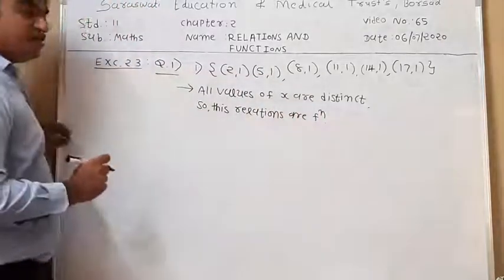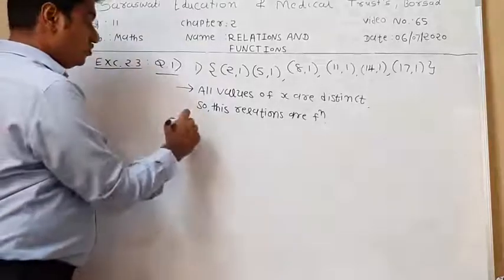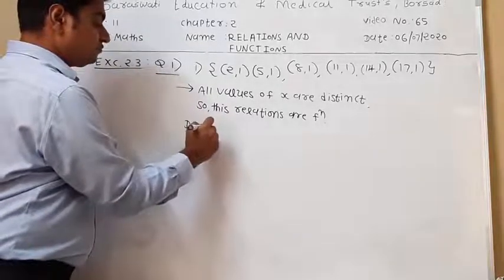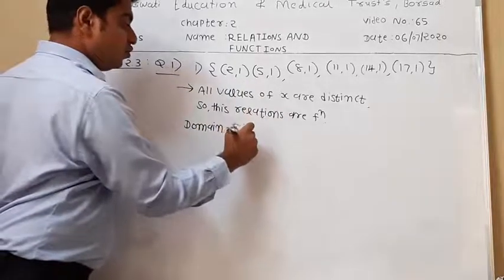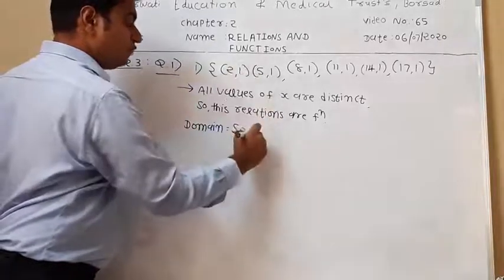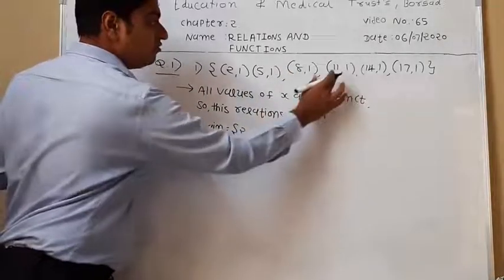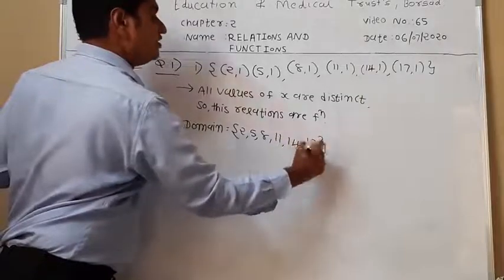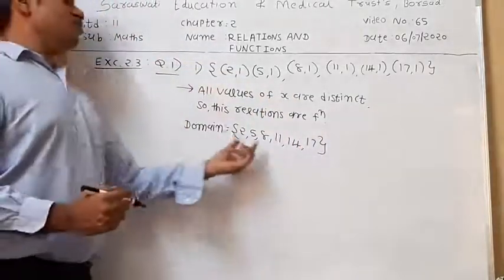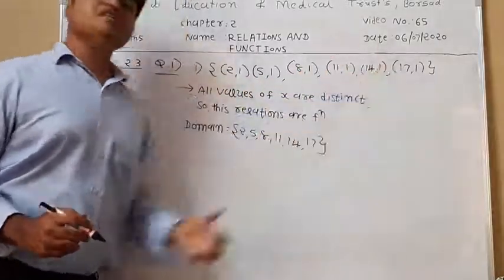Now our second task is to find the domain and range. So here the domain is equal to 2, 5, 8, 11, 14 and 17.